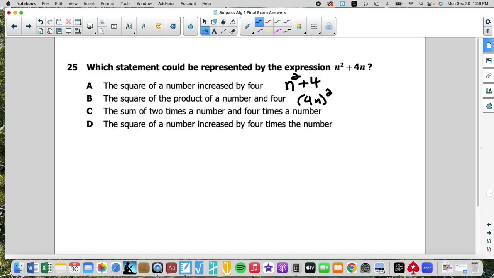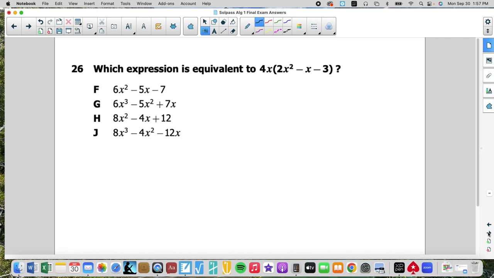The sum of 2 times a number and 4 times a number. Of 2 times a number, no, that would be 2n and 4n. That's the sum. The square of a number increased by 4 times the number. Yep, the square of a number increased by 4 times the number. So that would be D. Still good to be able to write those other ones.